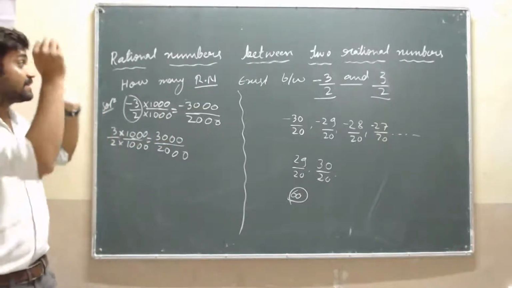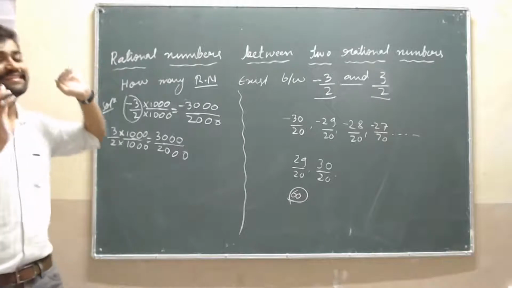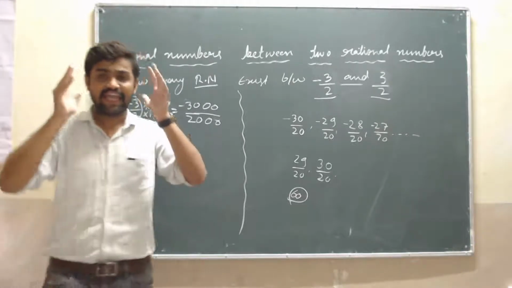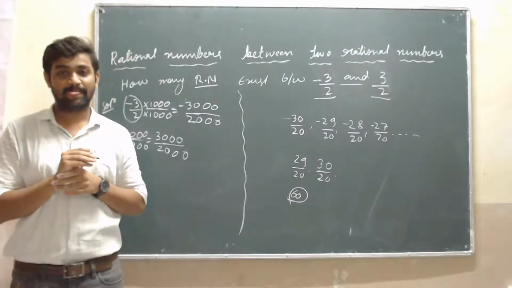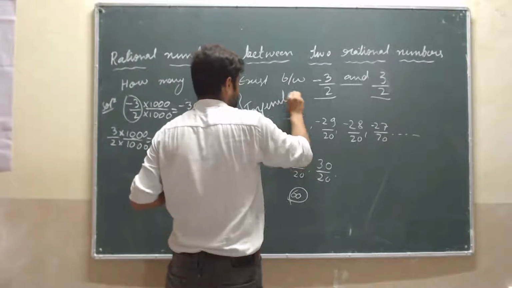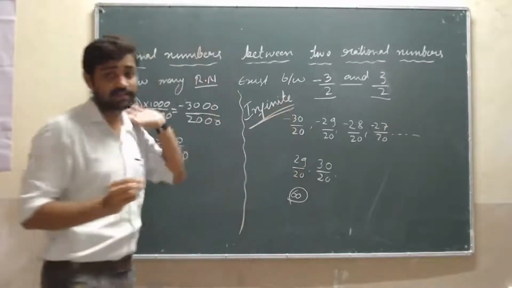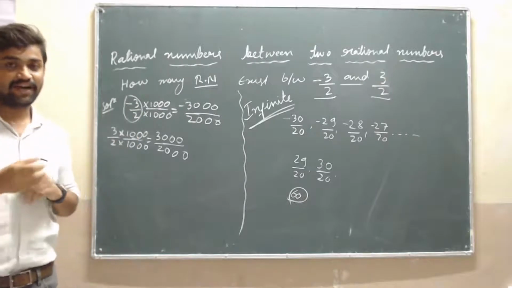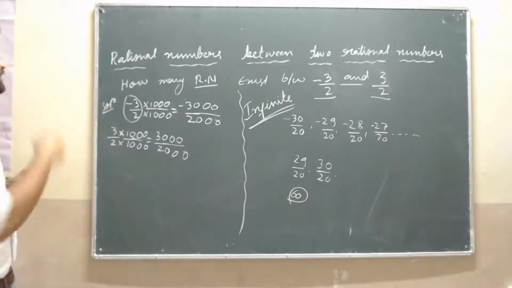That's why the conclusion is that the rational numbers that exist between any two rational numbers are infinite. Infinitely many rational numbers exist between any two rational numbers. These both are the introduction problems.